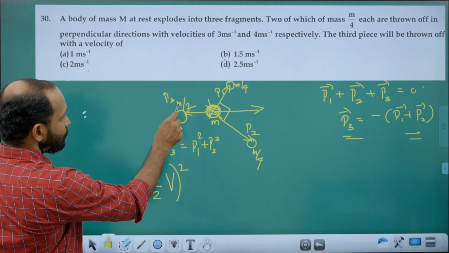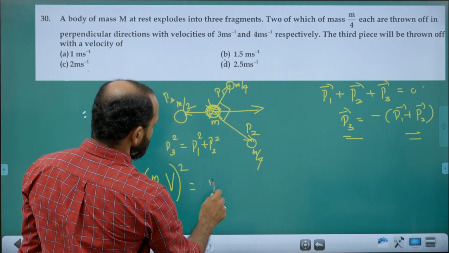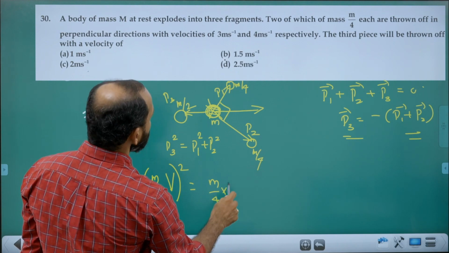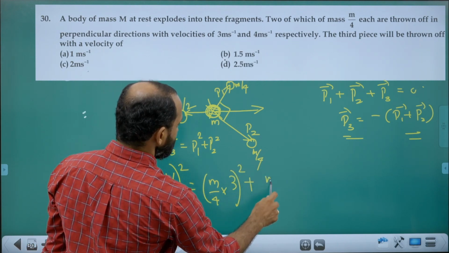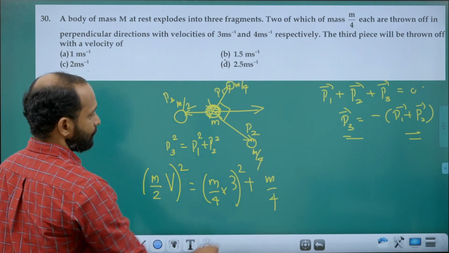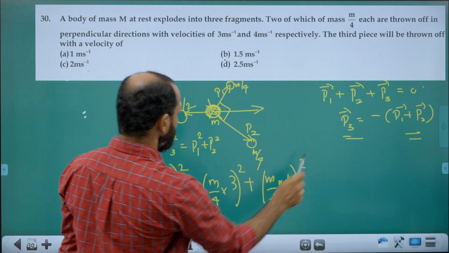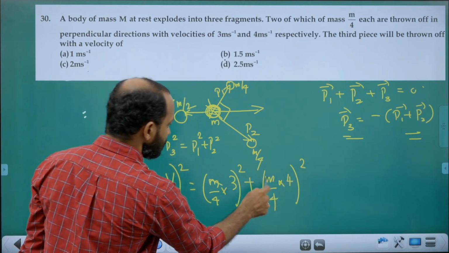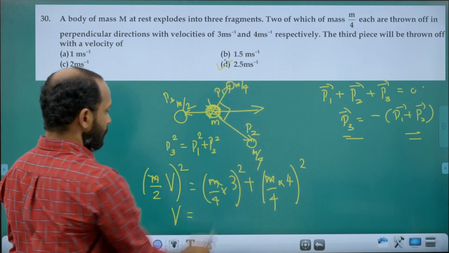Mass is m by 2 into velocity, all square. That is equal to, what is P1? Mass into velocity. What is that velocity? 3. Square, plus the other one, m by 4 into 4, all square. You cancel small m throughout and you get the capital V, that is the answer.